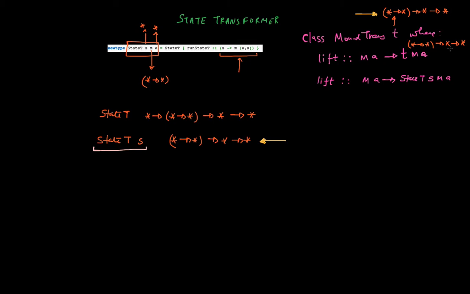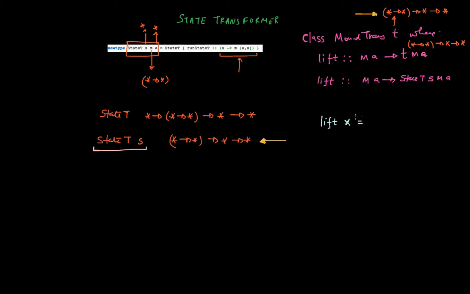I'm not going to write the boilerplate code creating an instance of MonadTrans, but I'm assuming you already know that at this point I'm making StateT s an instance of the MonadTrans type class. So the implementation of the lift method is that lift takes in some value, let's say in the variable x.